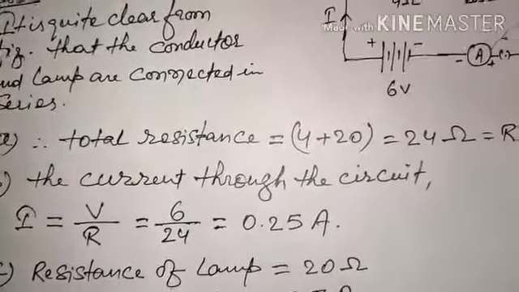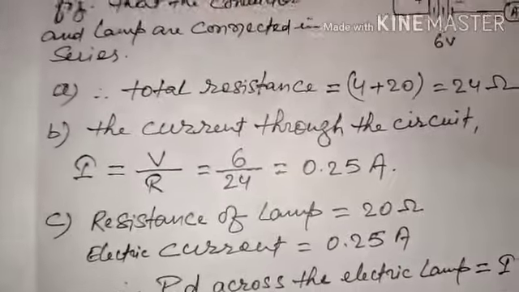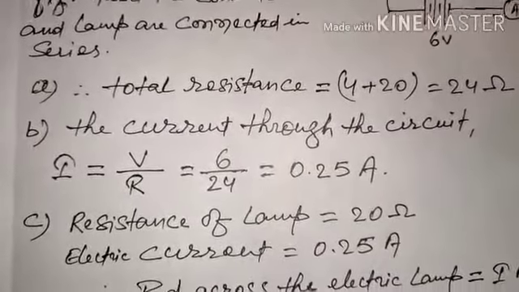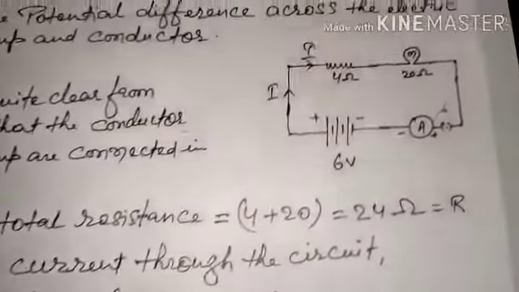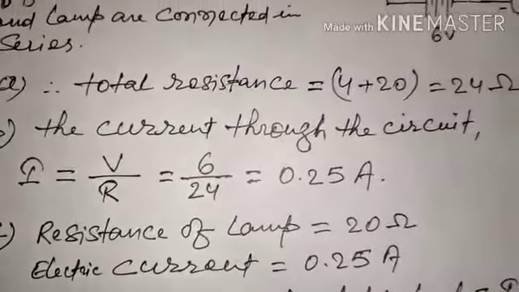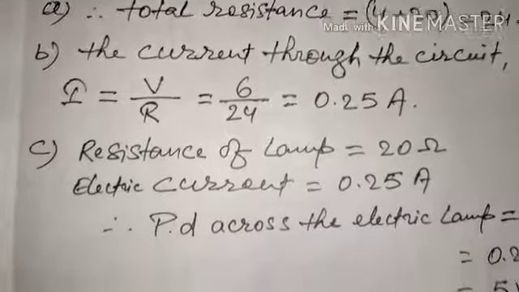Now the current through the circuit. Here we use Ohm's law. The current I is equal to V by R, where V is 6 volt and the total resistance is 24 ohm. So 6 by 24 is equal to 0.25 ampere. We have got the current through the circuit.